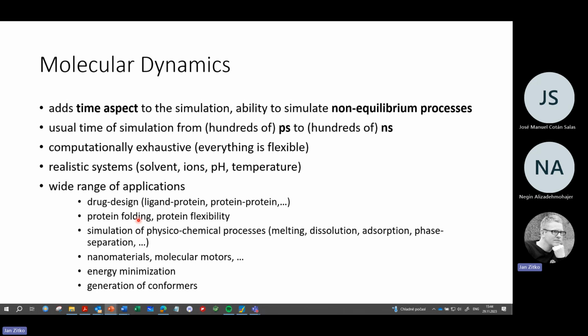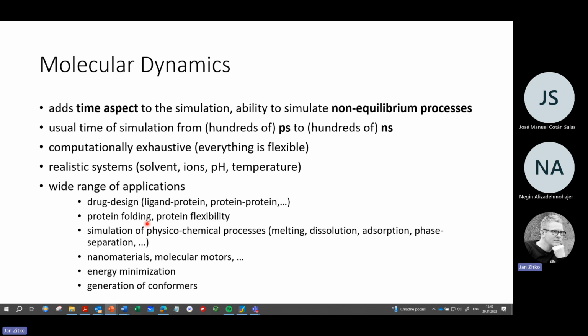And you can also use molecular dynamics to simulate protein folding. So I will have an example, but just briefly speaking, you take the amino acid sequence, you put it into water, and you run the simulation long enough to give the protein time to organize itself into the correct spatial arrangement and spatial structure.